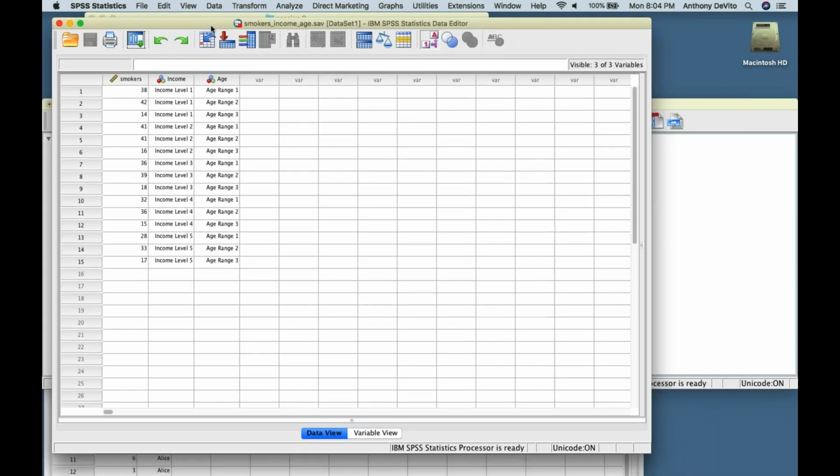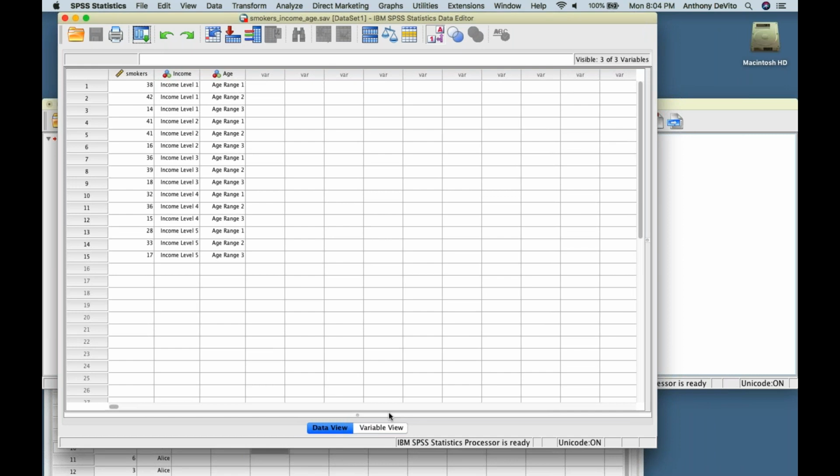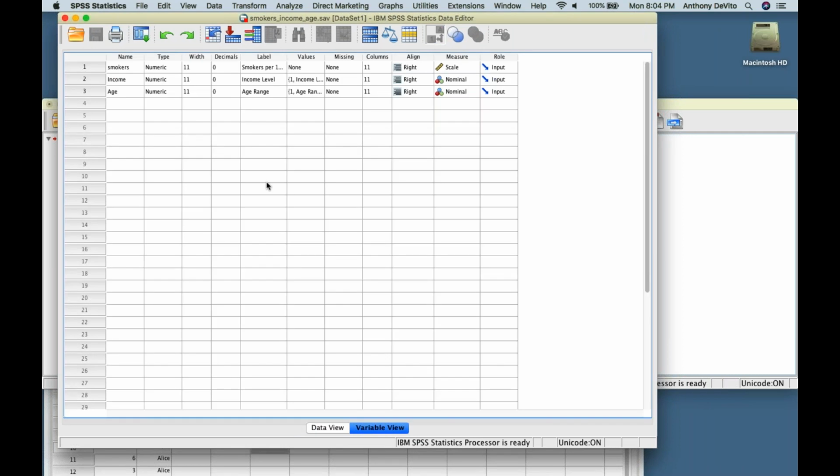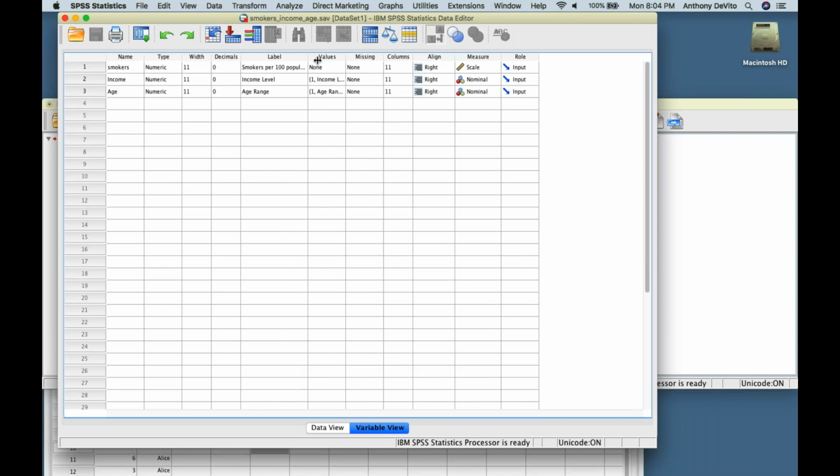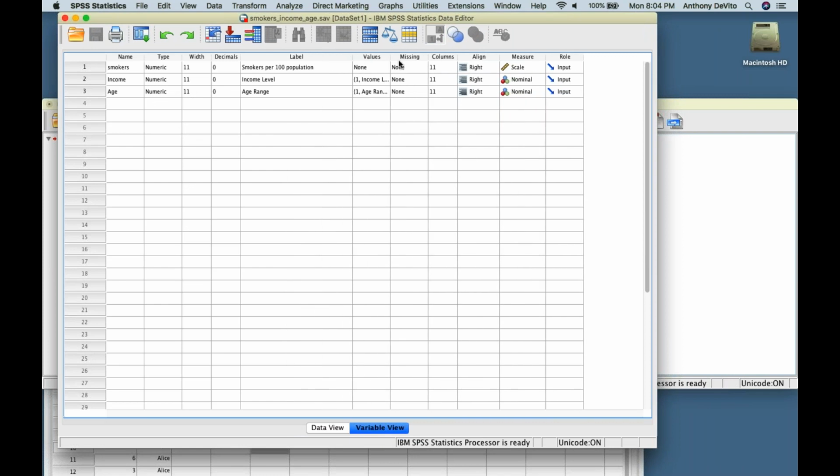Okay, here we go. Let's take a look at our variables. We have a value which is scalar, the number of smokers per 100 population.